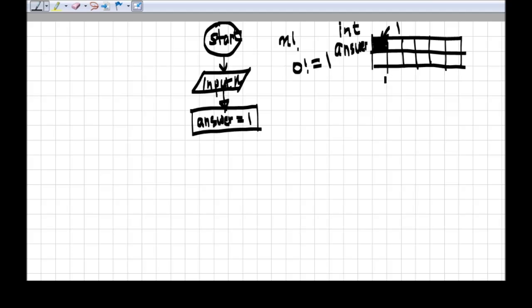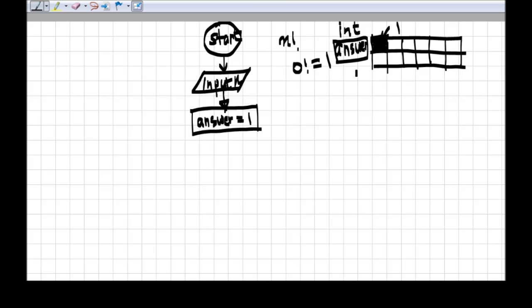Okay? And then whenever I refer to answer later on, the computer will know where to come. It will come to this box, and whatever is in this box, it could be 1. Later on, it could be some different number, but it doesn't really care, because as long as I use this name, alias, a variable name, answer, it will give me the value inside of this box.